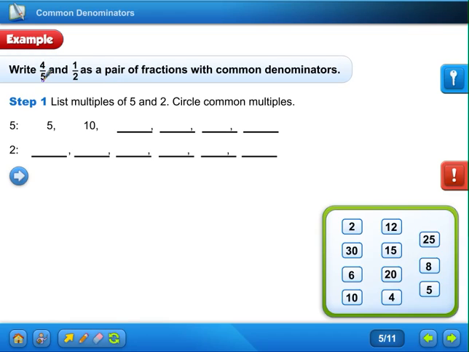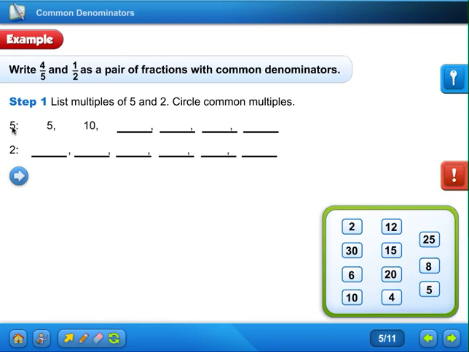Write 4/5 and 1/2 as a pair of fractions with common denominators. So for everyone, you're not going to want to sit there and draw it out. So yesterday, we were listing the factors. We were trying to simplify the fraction. Today, we're going to list the multiples to try to find the same common denominator.